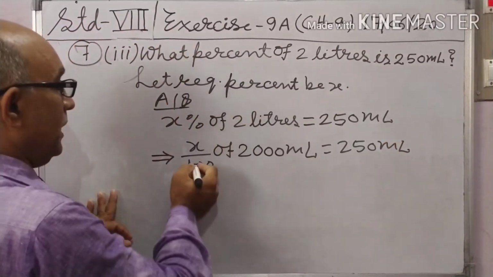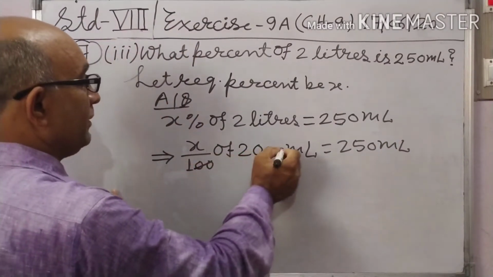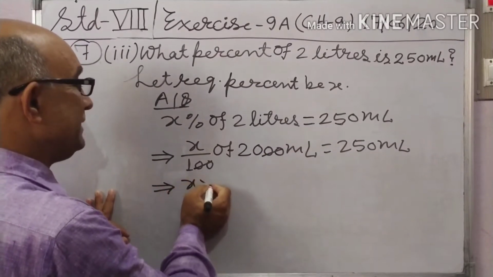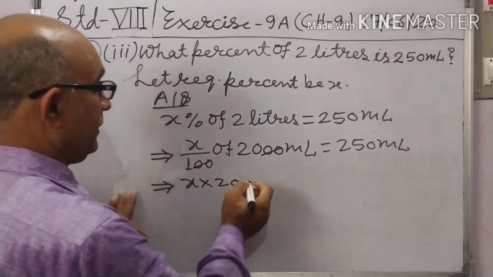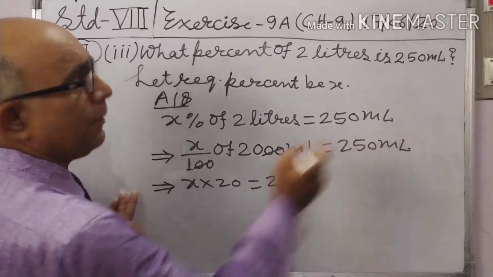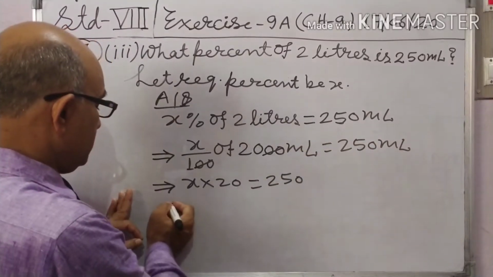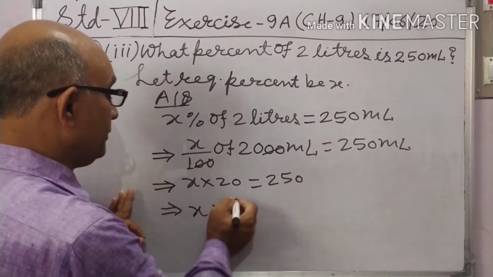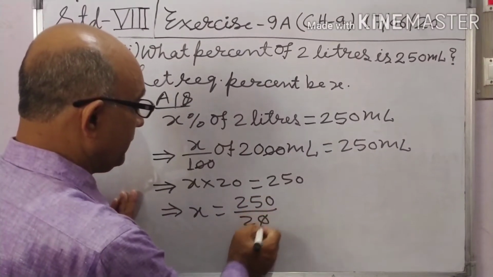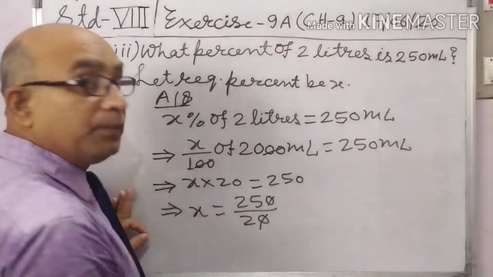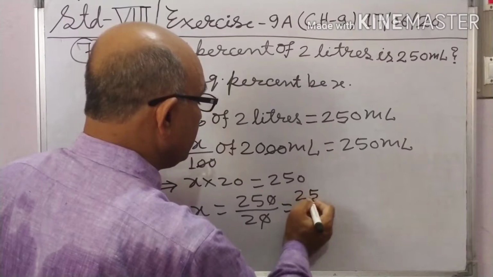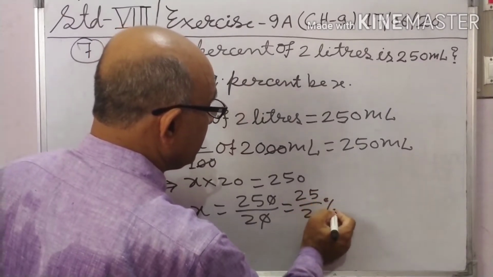Students, now 100 and 2000 cancel to 20. That implies x into 20 equals 250. Milliliter and milliliter also cancel. That implies x equals 250 by 20. 0 and 0 cancel, so 25 by 2%.